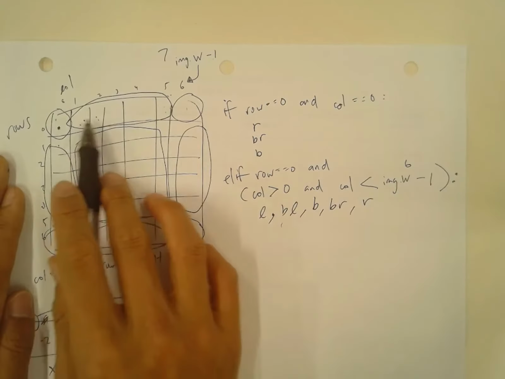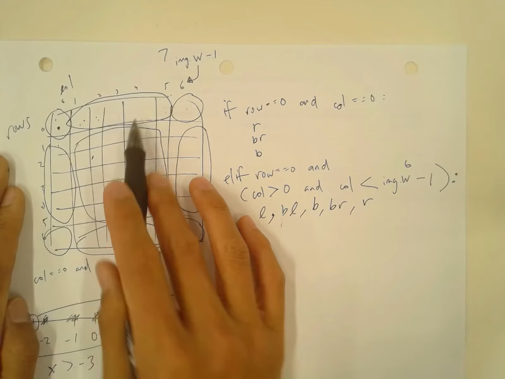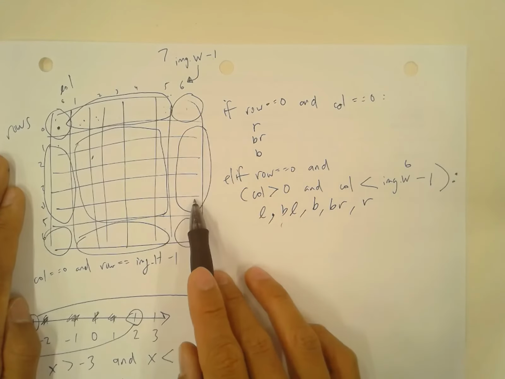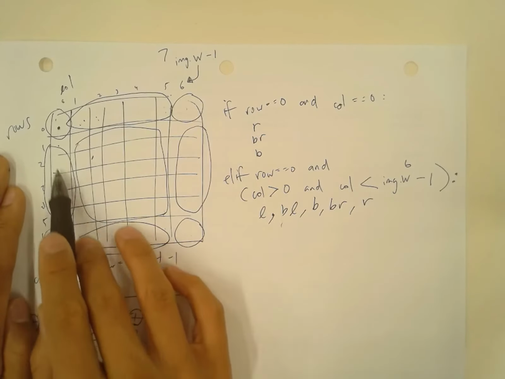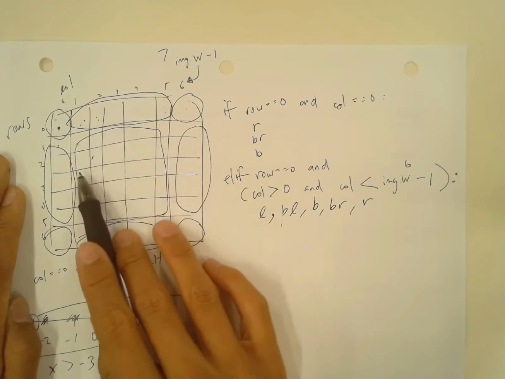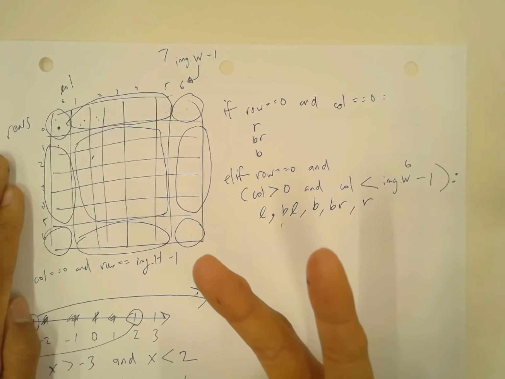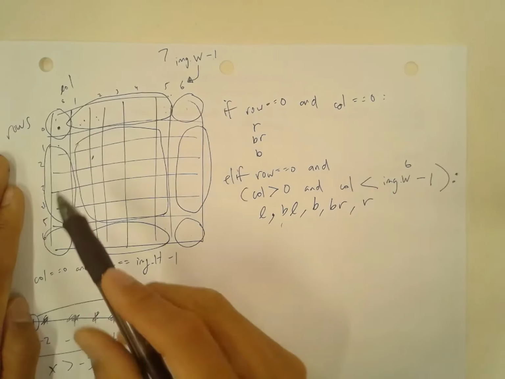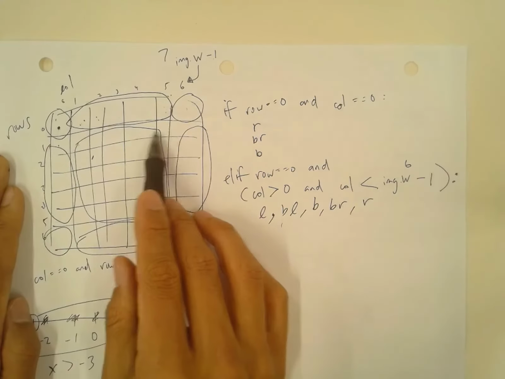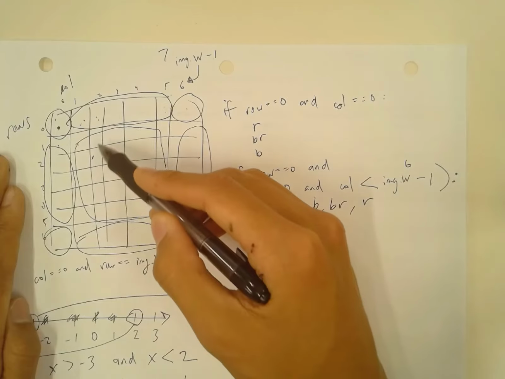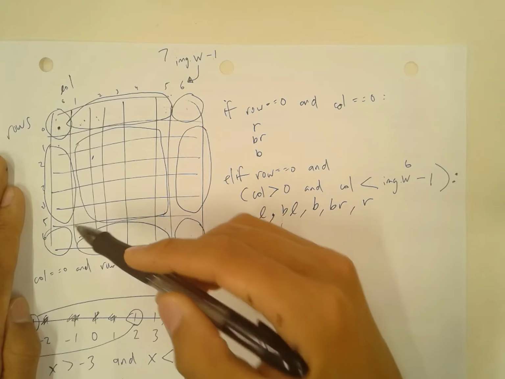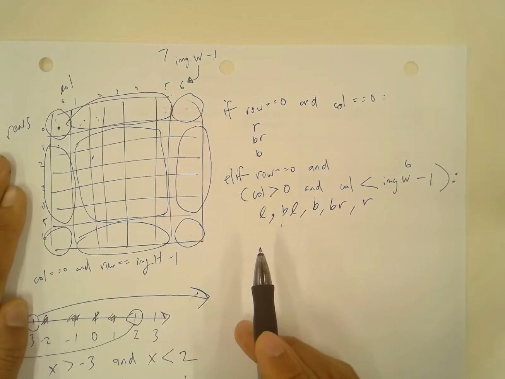So that's the strategy that we're going to use to get a range of numbers. Right? And you can use that strategy here, here, and here. And now for these middle section, you need to use two ranges of numbers. Right? A range for the columns and also a range for the rows. Okay? So yeah, that's about it.